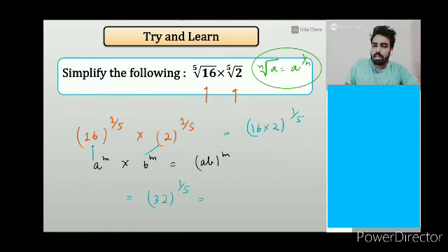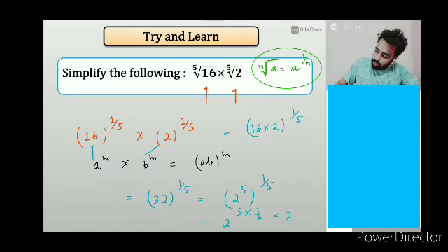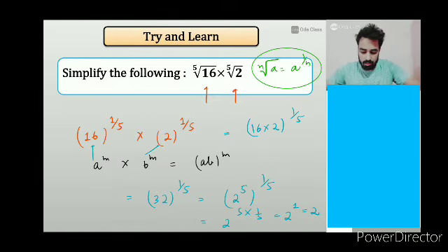But 32 itself is 2 power 5. So 2 power 5 into 1 by 5, that is 2 power 1, that is 2. So in this pattern, we need to simplify questions. How many of you are able to understand? Simple है. ध्यान रखना, this part is very important.